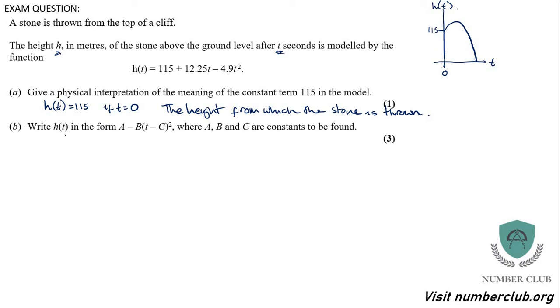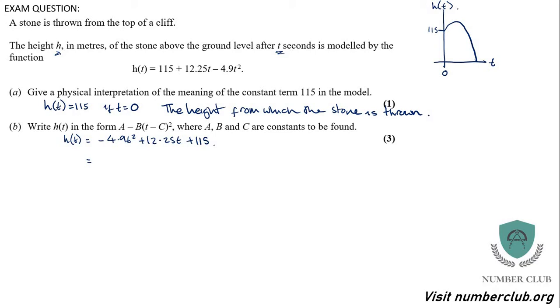So the first thing is to rewrite it in the correct order, the one that we tend to like things to be. So we've got negative 4.9 t squared plus 12.25 t plus 115. Now I might well get quite a few fractions within this question, and I'll be mixing fractions and decimals a little bit because the decimals probably come out as quite annoying ones.